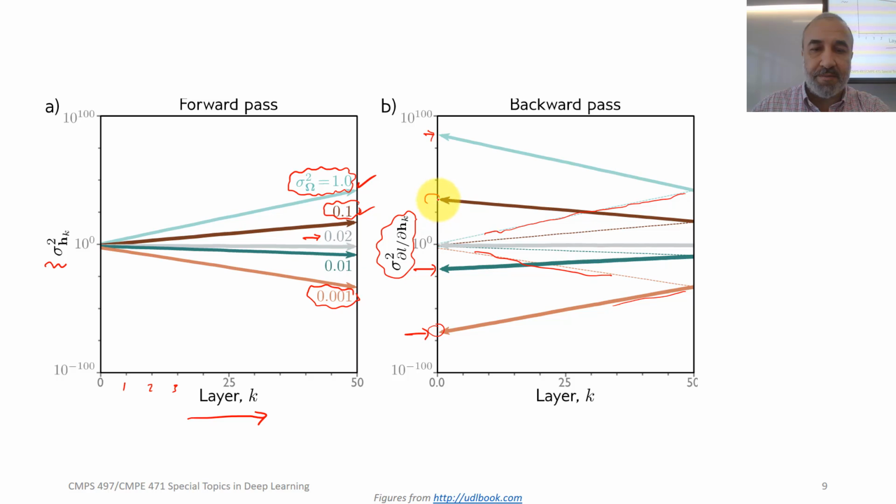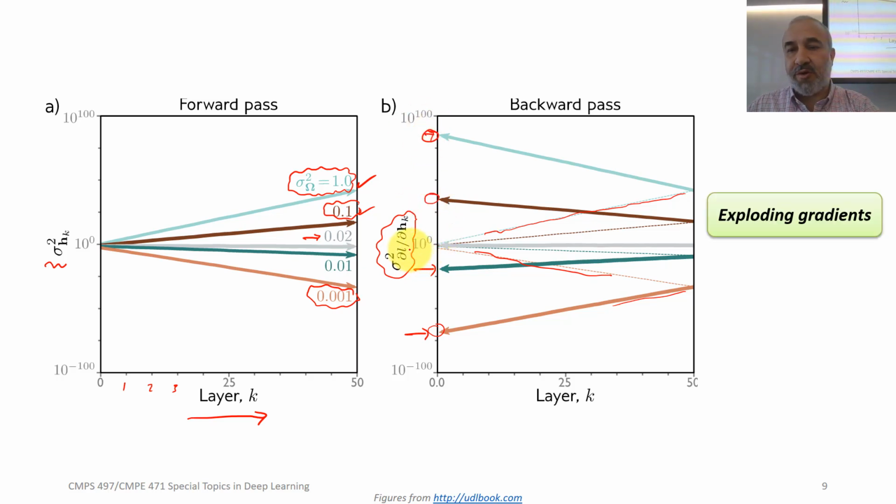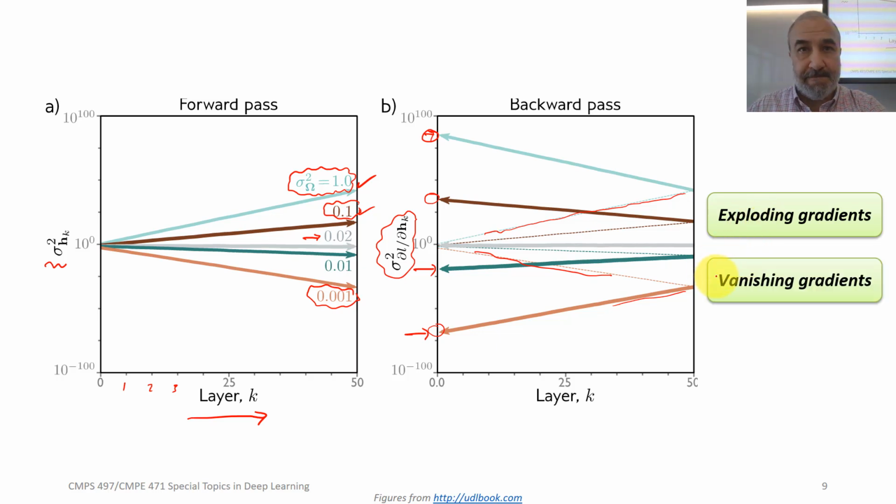How about this one? Exploding, and this one is exploding. So we have two cases of exploding and two cases of vanishing gradients. That shows you that the choice of the variance that we use in initializing the weights is very critical, because it gets larger exponentially or smaller exponentially. So we have to carefully set the variance in a specific way that we will discuss.